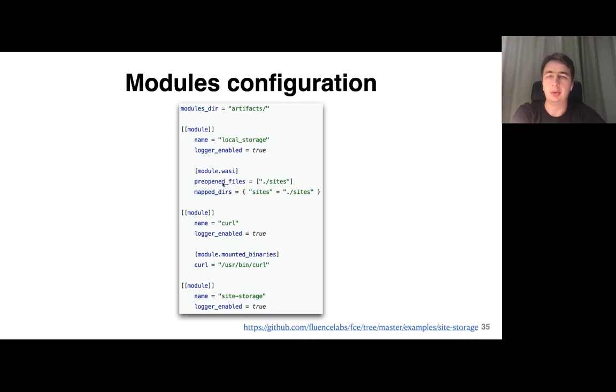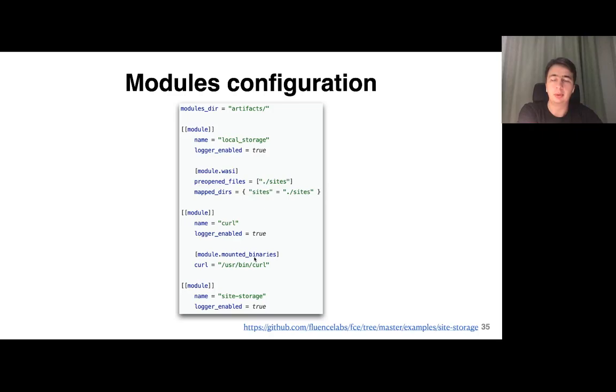Here you can see two options, pre-open files and mapped dirs. The first one is the array of files that can be accessed by this module. This works like a sandbox: the module can access only files from this list. You can also map these pre-open files to some handy alias, like in this example.